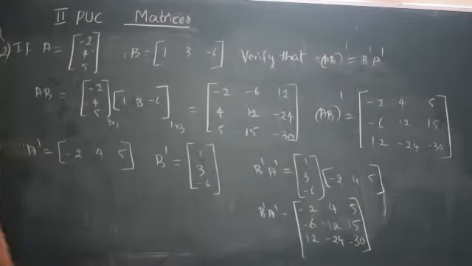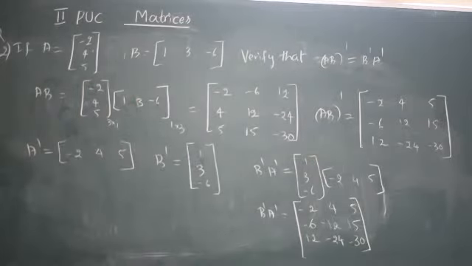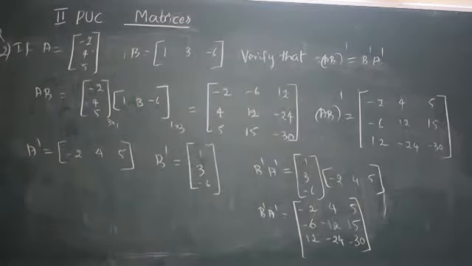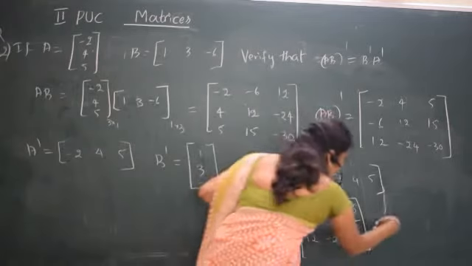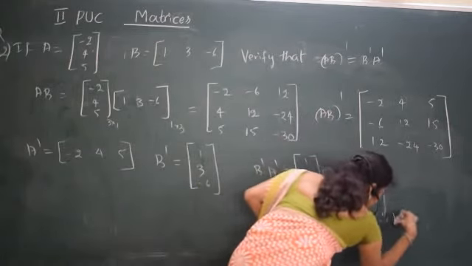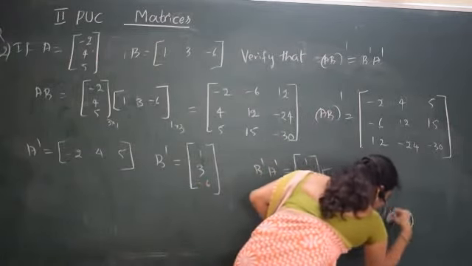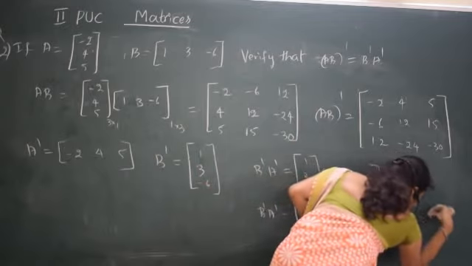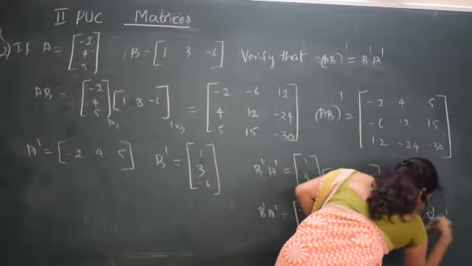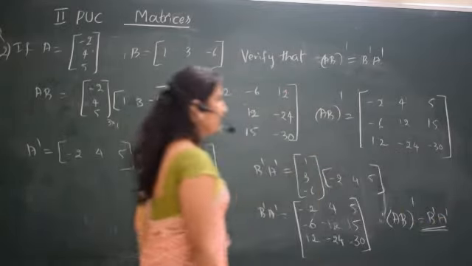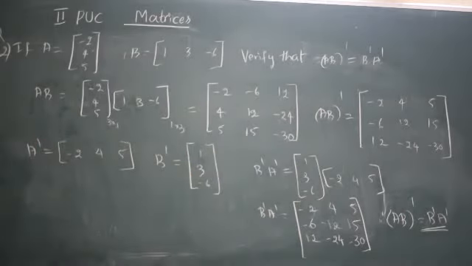Therefore we can see AB whole transpose is equal to B transpose A transpose. Therefore the conclusion is AB whole transpose is equal to B transpose A transpose. So this problem is very important for 5 marks.